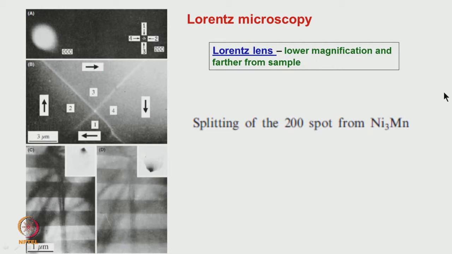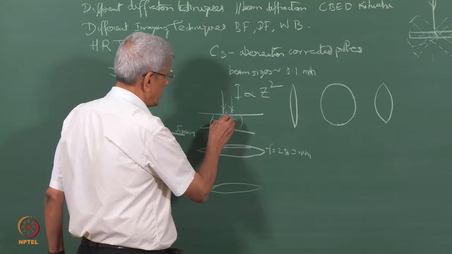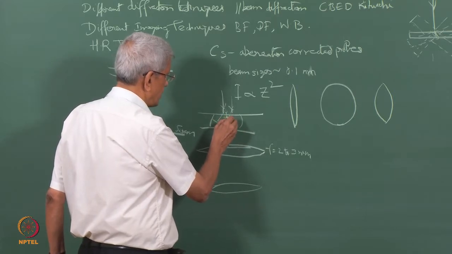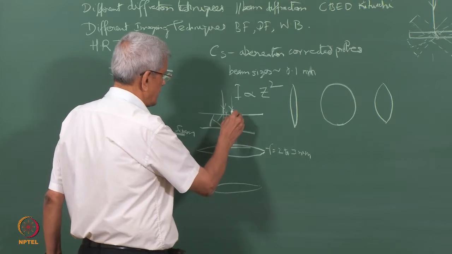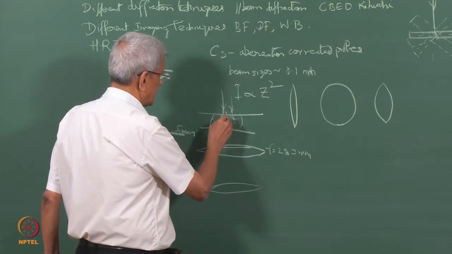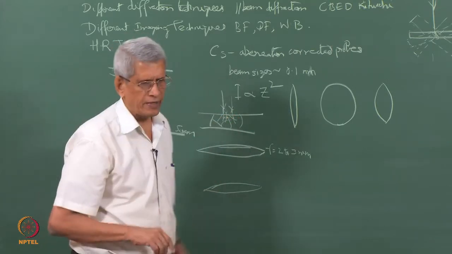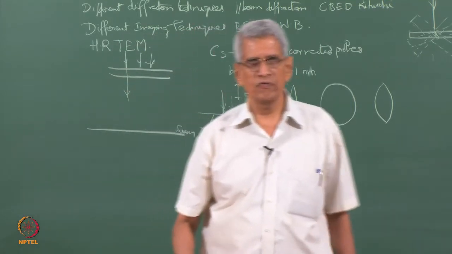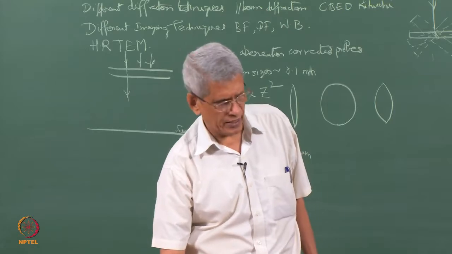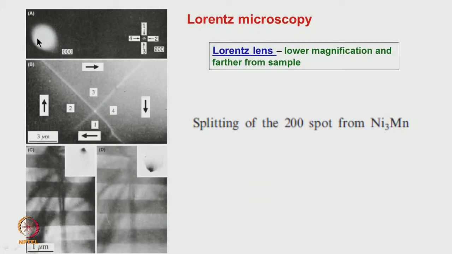But apart from that, what is going to happen with respect to the sample? As the electron beam enters the sample, depending upon the direction of the magnetic field, the electron will be scattered in slightly different directions; that is, the path of the electron will be changed. Suppose we try to get a diffraction pattern from that sample.